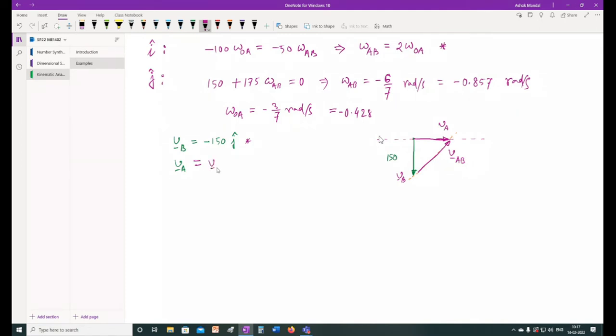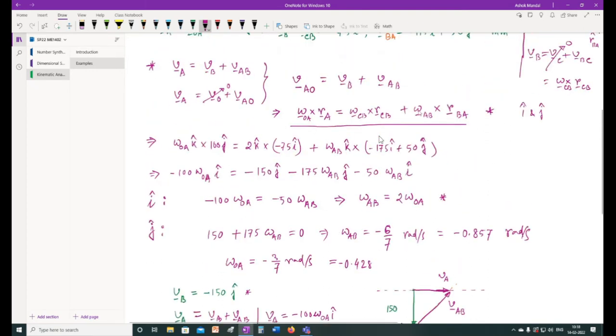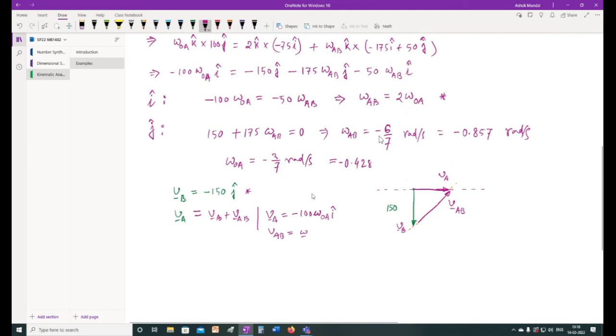VA, as we have written, is VB plus VAB. Where this VA we have obtained, this is omega OA times I, and VAB was equal to omega AB cross RBA.